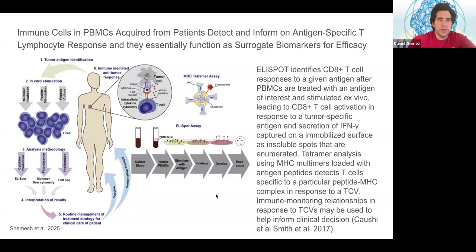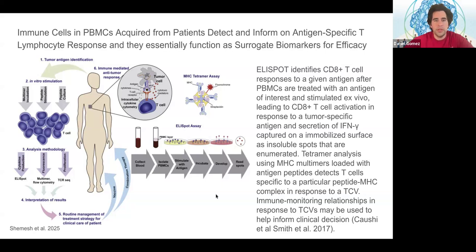So we have tumor antigen identification, in vitro stimulation with multimer incubation, peptide stimulation, peptide culture with T cells, analysis methodology, cytokine production, ELISA spot, fluorescent multimer flow cytometry, proliferation, and TCR-seq, interpretation of results, and routine measurement of treatment strategy for clinical care of a patient. And then that includes vaccine and combination therapy.